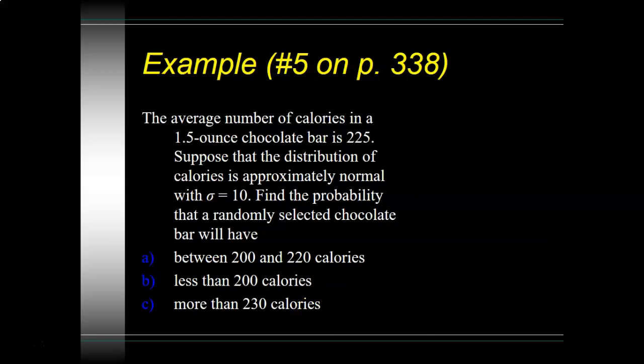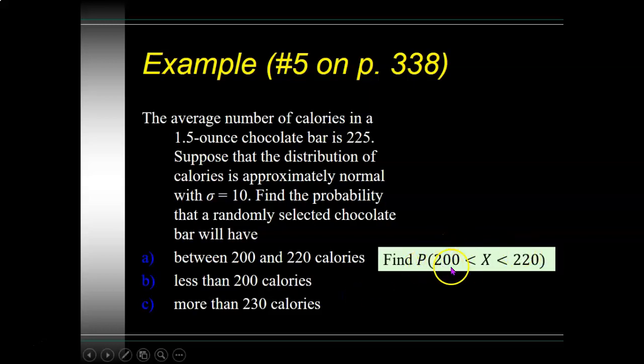So part A, in that probability notation, we're trying to find the probability of X being between 200 and 220. Now this time I'll do it using the calculator method.